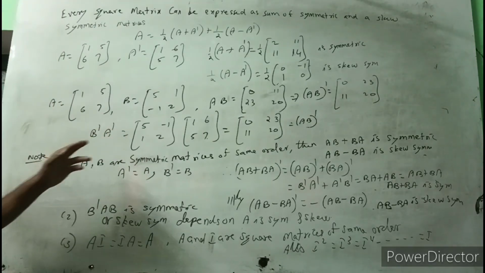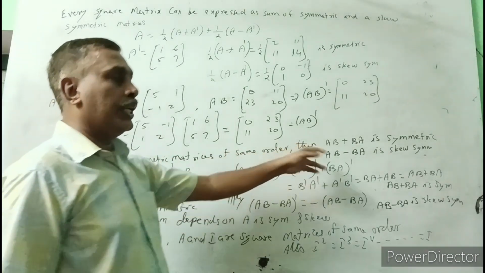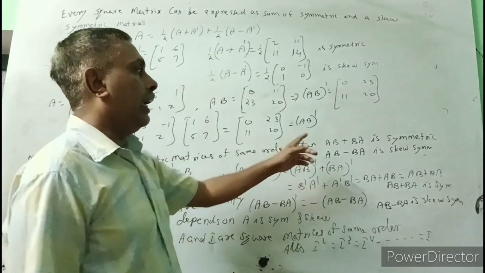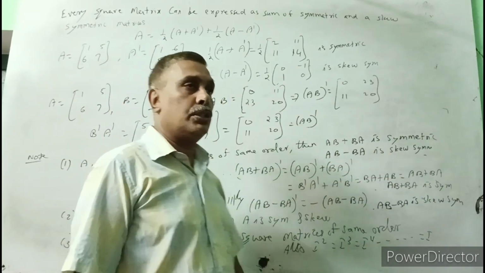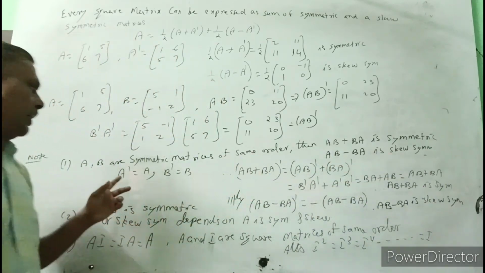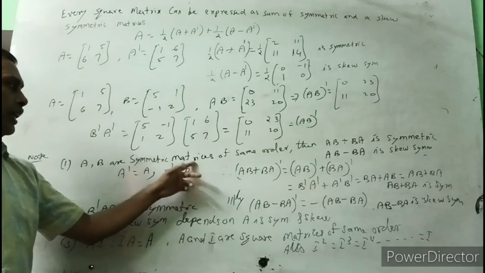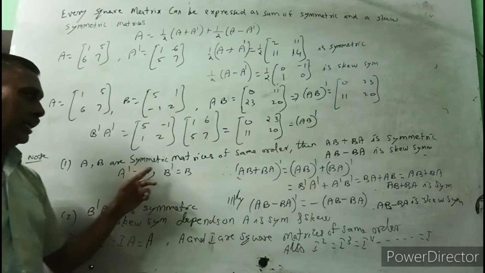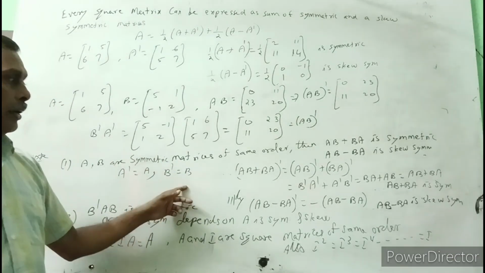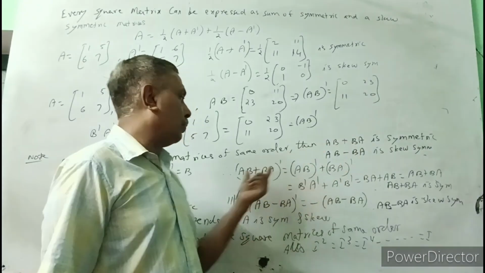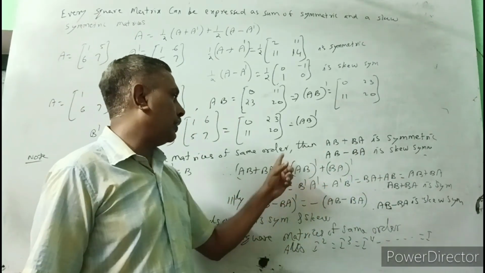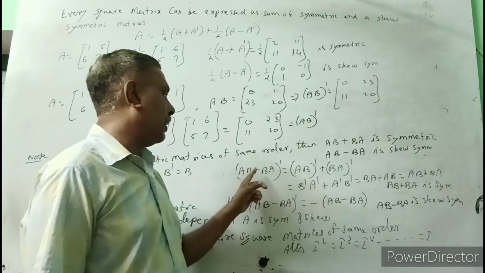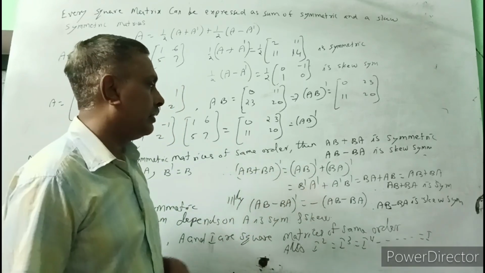Now if A and B are symmetric matrices of the same order, then AB plus BA is always symmetric and AB minus BA is skew symmetric. Its proof is written here. It is given that A and B are symmetric matrices, so A transpose is A, B transpose is B. I want to prove that AB plus BA is symmetric, so its transpose should come the same. You see that I took the transpose inside because in plus and minus we can take it directly inside.